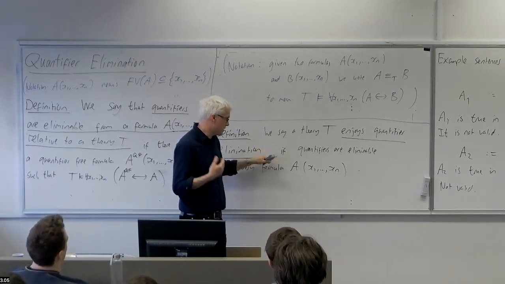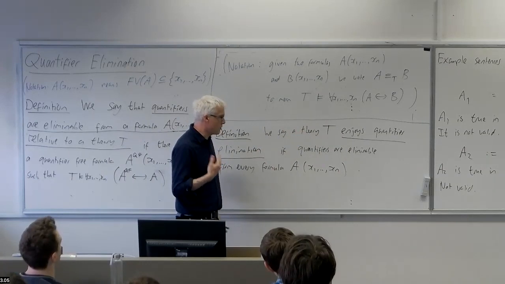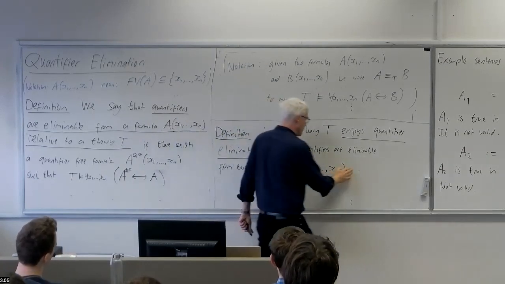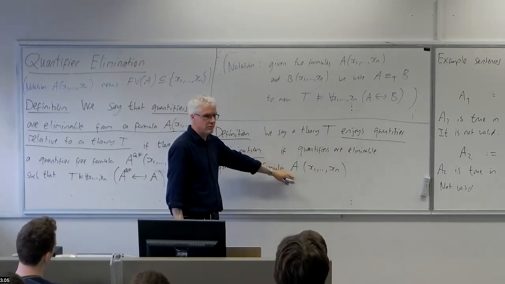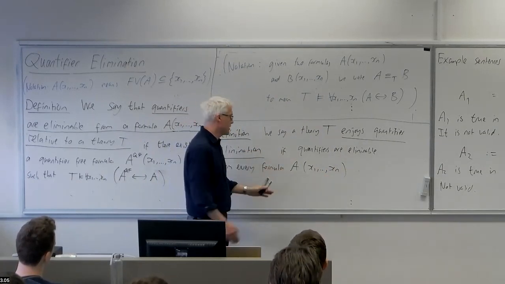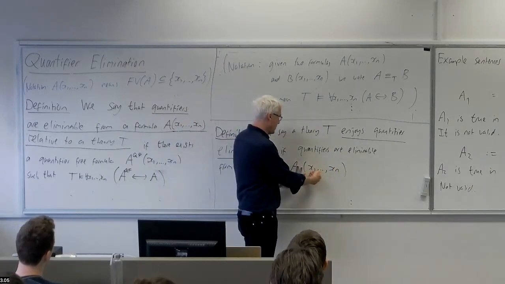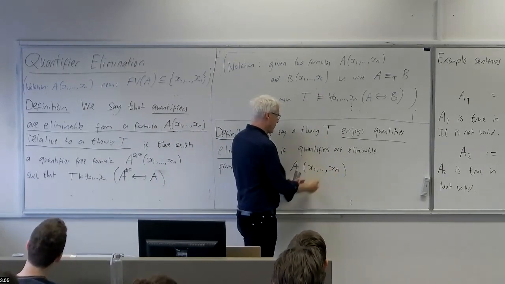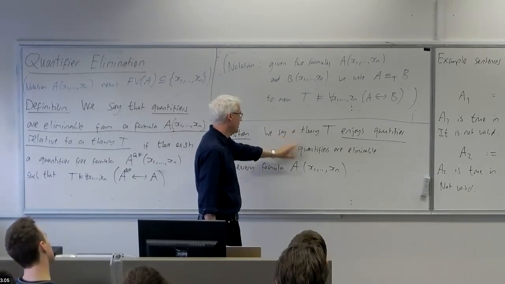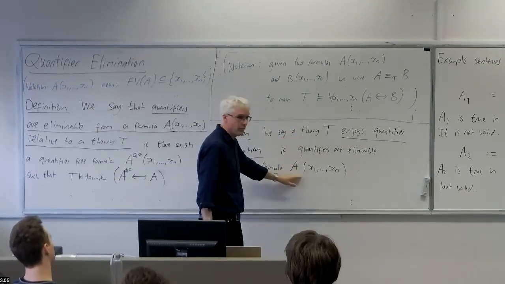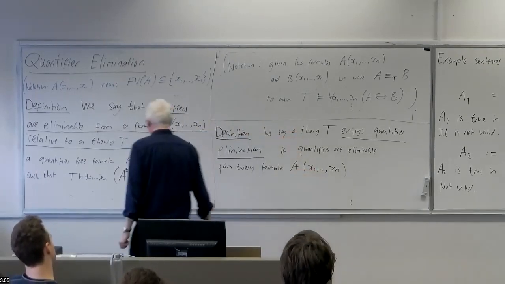It's crucial to everything that we're going to do with quantifier elimination that we can eliminate quantifiers not just from sentences. Sentences are a particular case when we don't identify any free variables. It's crucial that we can eliminate quantifiers from formulas that do contain free variables.